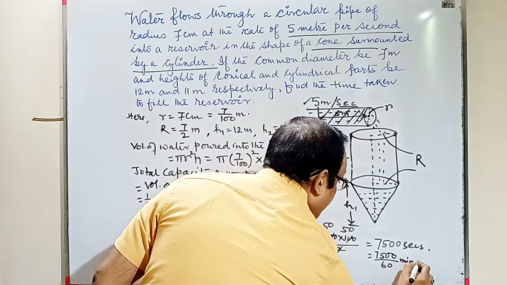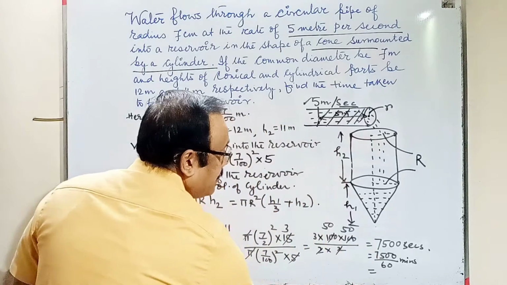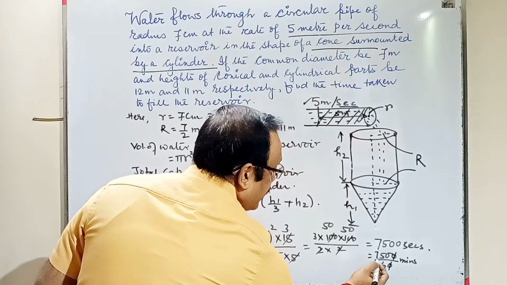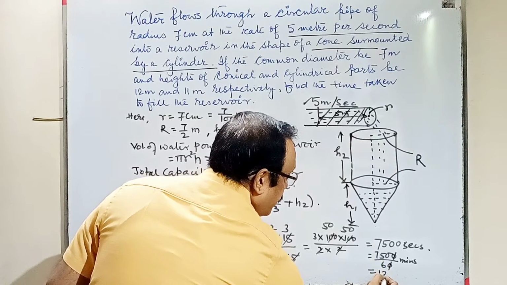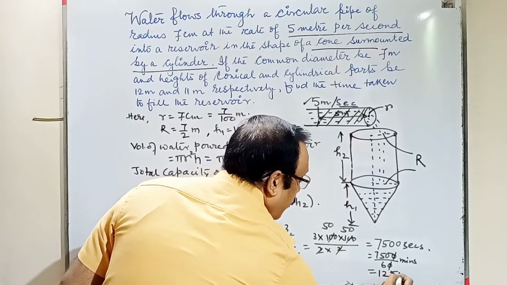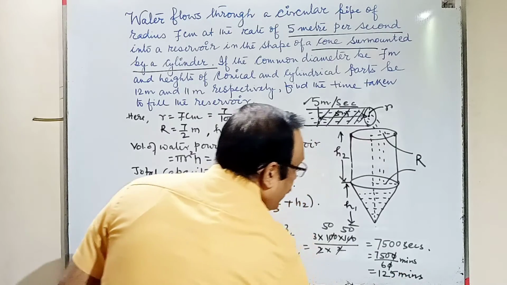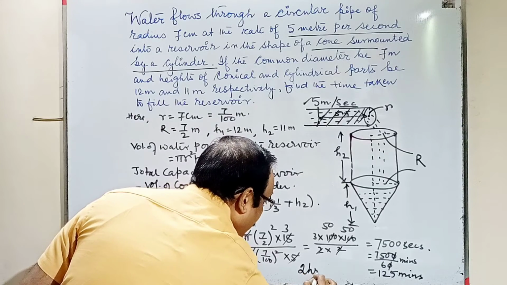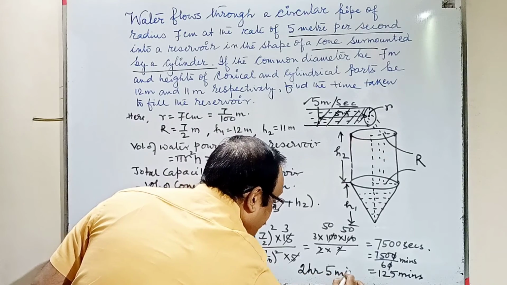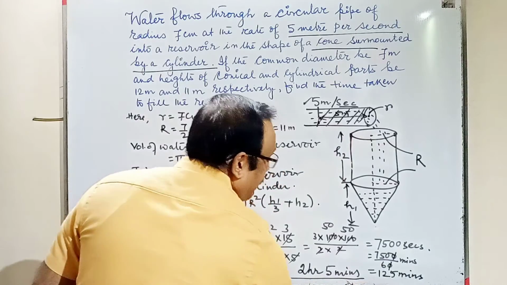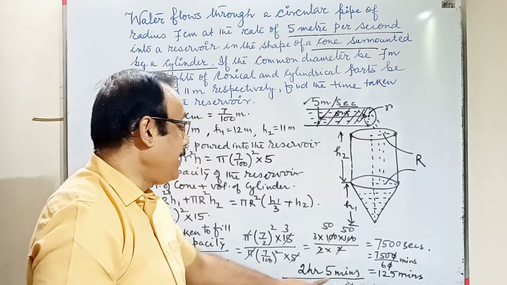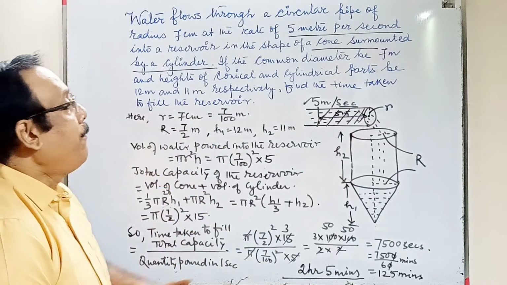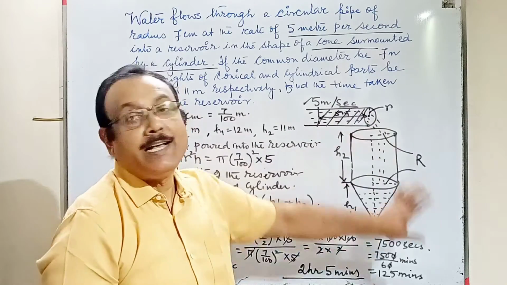So if you divide by 60, you get 125 minutes. 125 minutes means if you want to write, this becomes 2 hour 5 minutes, because 2 hours means 2 into 60, that becomes 120 minutes, and 5 minutes. 2 hour 5 minutes is the time taken by this pipe to fill this entire reservoir.